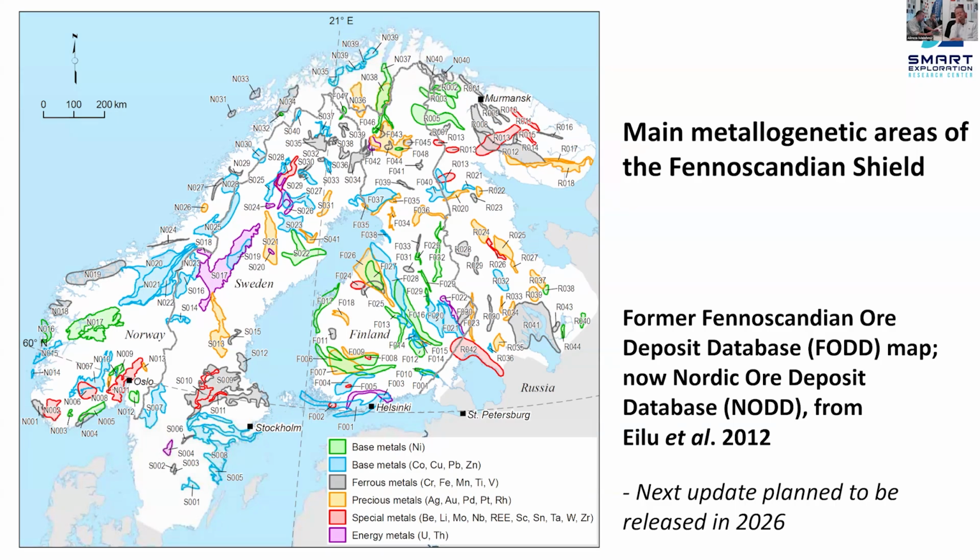Of course, our collaboration with the Russians ended with the military invasion of Ukraine. So this map, based on the former Fennoscandian Ore Deposit Database, the FODD, will not look like this anymore. We have now also changed the name of this working group to NODD, for Nordic Ore Deposit Database.